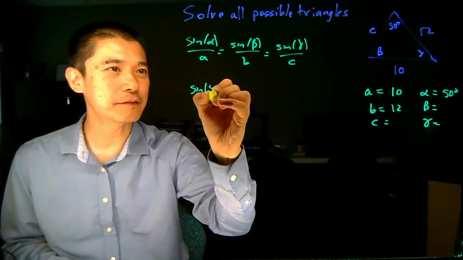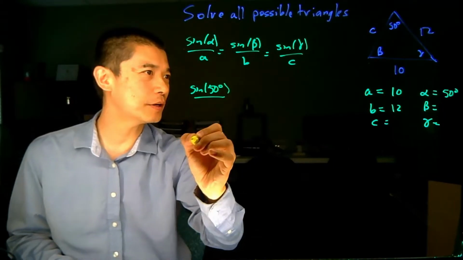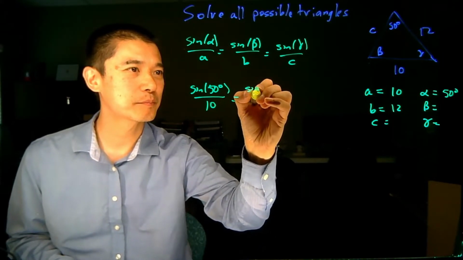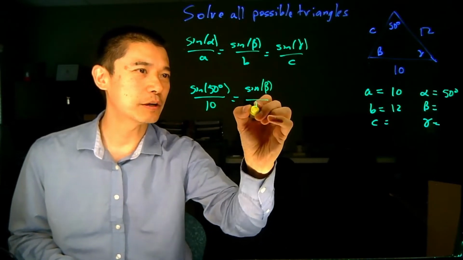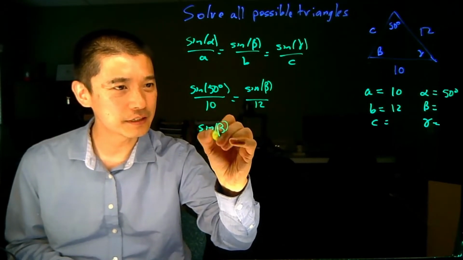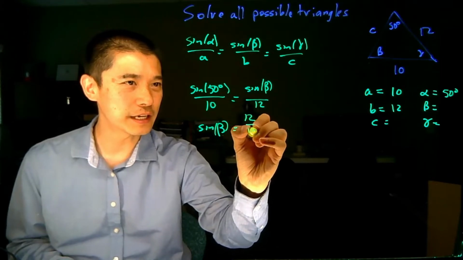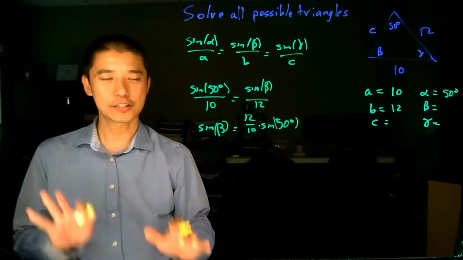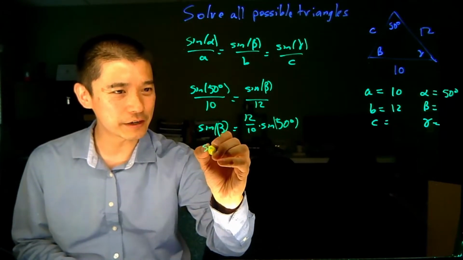Sine of 50 degrees over 10 is equal to sine of beta over 12. So if we solve for the sine of beta, it is equal to 12 over 10 times sine of 50 degrees. Now, just as before, at this point we have to plug it into a calculator.